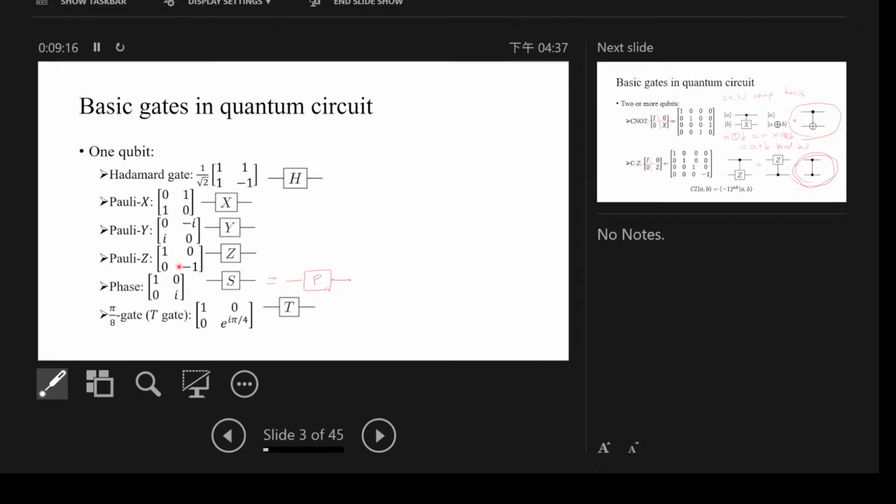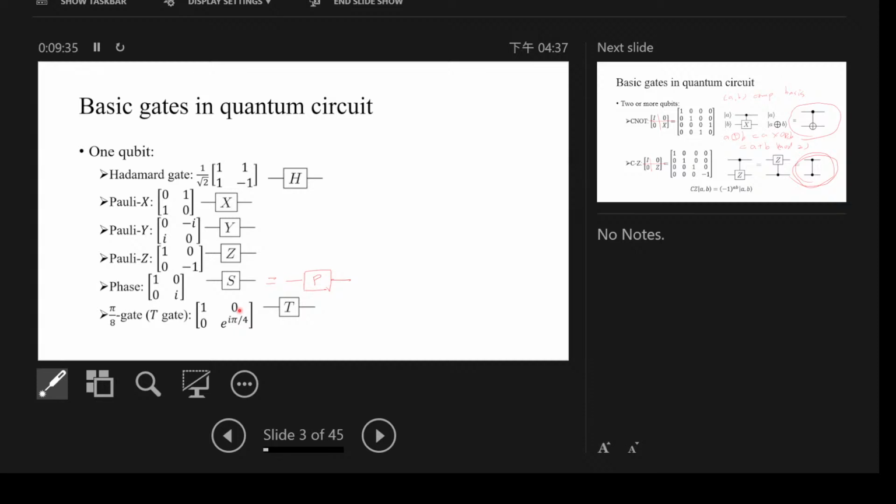Okay, so the T gate is just like you go from Z to S, you take a square root, then you take a square root of this thing even more, then you get this T gate. So in this diagonal term here, you have the square root of i, which is e to the i pi over 4.